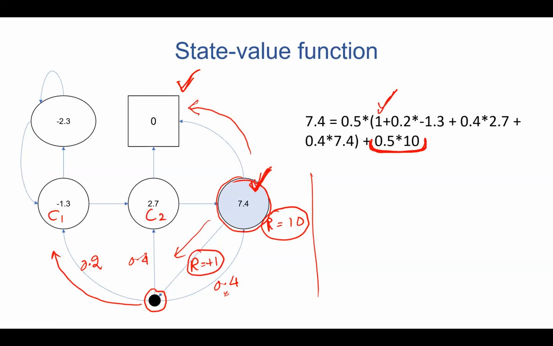Then there's a 20% probability that you can go to class 1, and that's minus 1.3. There is a 40% probability that you can go to class 2, that is 0.4 times 2.7. And then there is a 40% probability you can get back to that state where you were. And if you add all of them up together, the answer is 7.4. I promise that is correct.